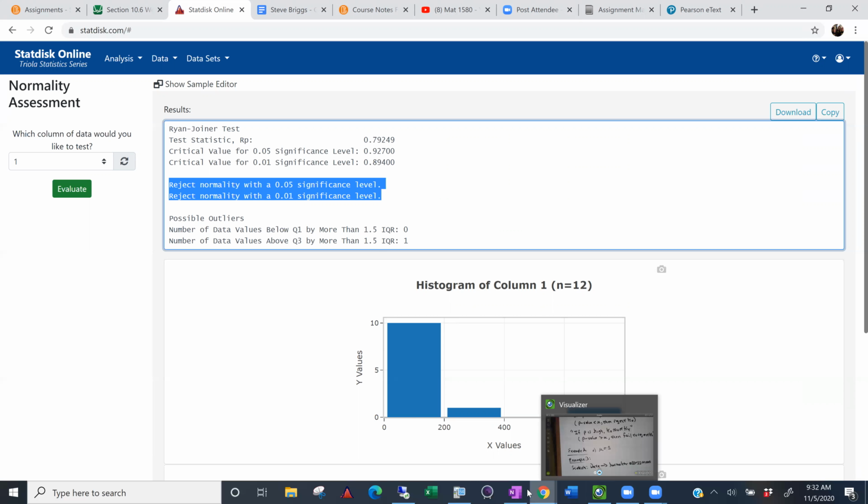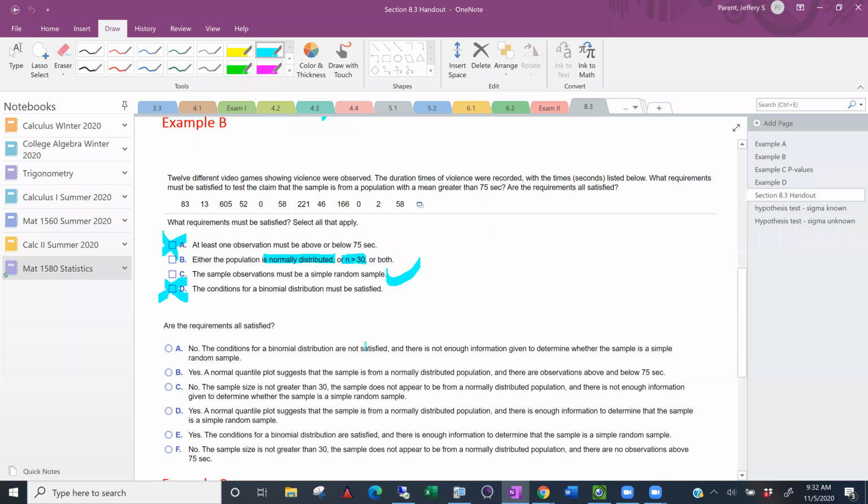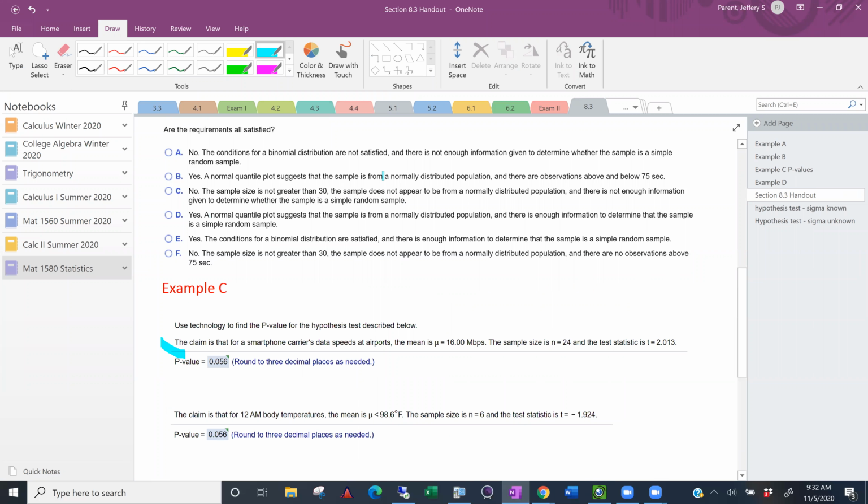So is the other requirement satisfied? All right. We don't have to worry about the binomial distribution. It's not a normal distribution. I'd say C is looking pretty good. Well, the requirements certainly aren't satisfied, so it's not any of these.